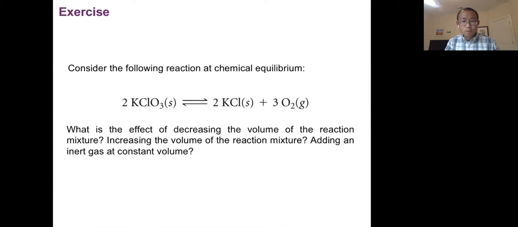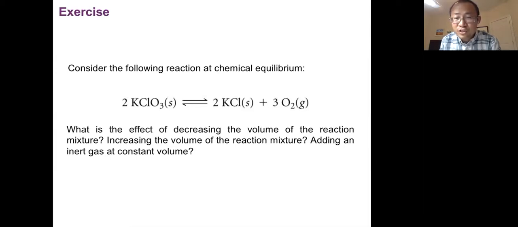Decreasing the volume, what's the stress? Too crowded. If it is too crowded, the system wants to what? Make it less crowded. How do we make it less crowded? Less gas. How do we make less gas? Shift to the left, because you don't have any gas on the left. You have 3 gas on the right. Do you see that, everyone?